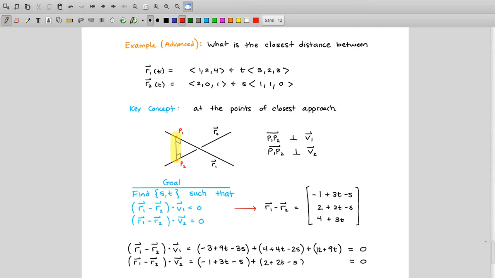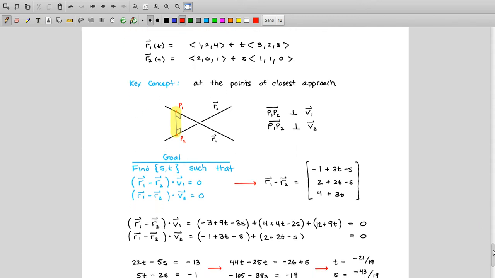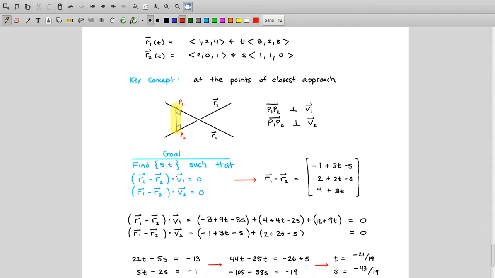And so here it turns out what we need are to use 2 dot products. We have 2 parameters s and t that we ultimately need to determine to find P1 and P2, and so we need 2 equations, and we can simply look at these 2 right angles and say whatever P1, P2 is, it's perpendicular to V1 and V2, and so both the dot products are 0.